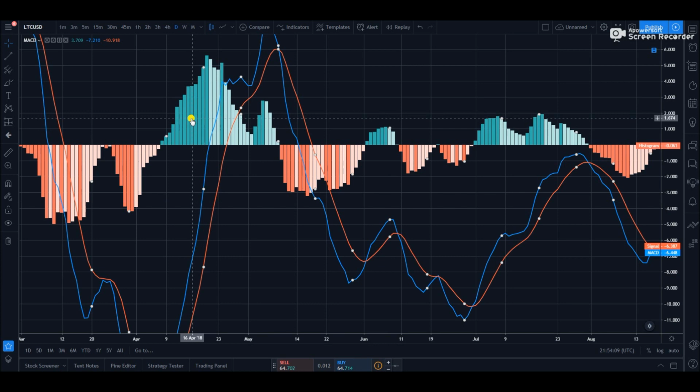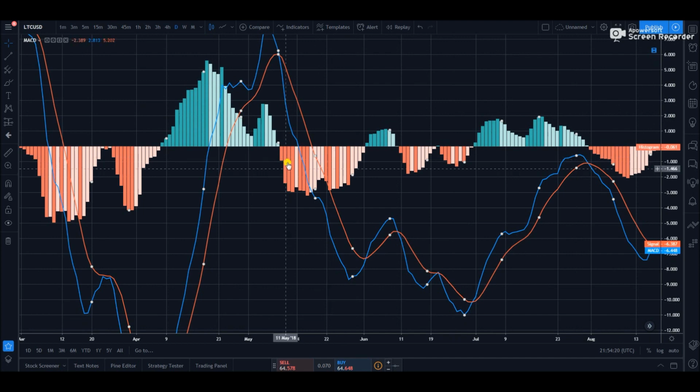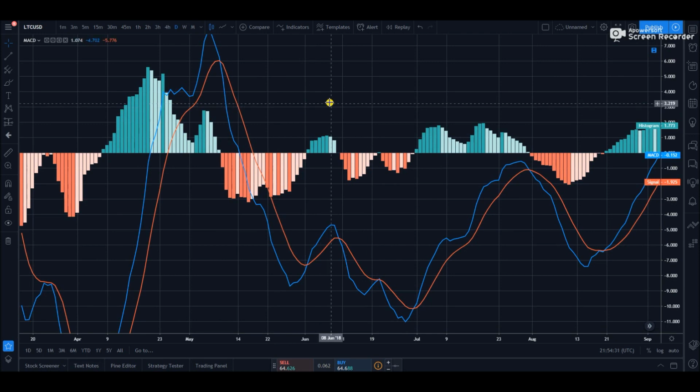The dark greens are super strong and the lighter greens are exhausting. That lets you know the momentum of the price action and the trend. Same with these, the dark reds are stronger momentum of the sell action, and it's getting exhausted to the downside when it's lighter. So that's a good example.